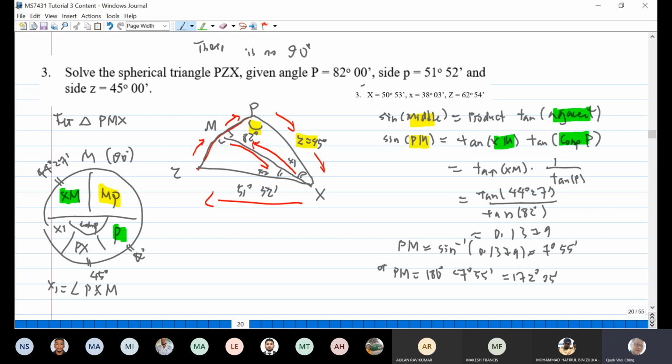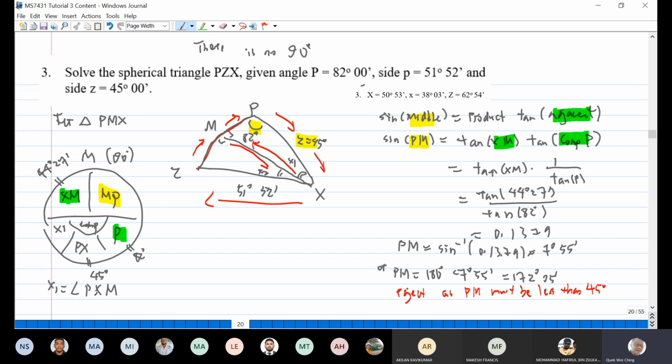And you find that this one again is rejected. Why? Because the largest angle is 90 degree, and opposite the largest angle is the longer side, which is 45 degree. So your PM must be less than 45 degree.